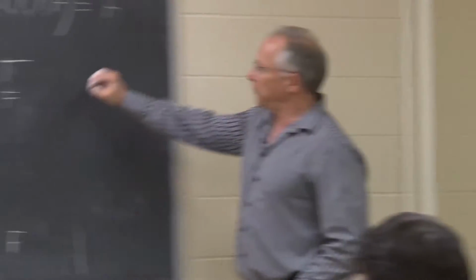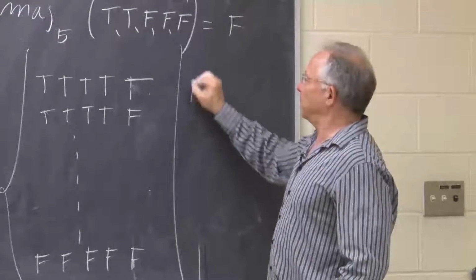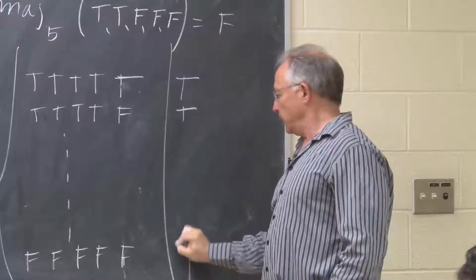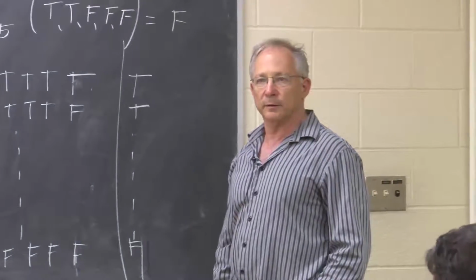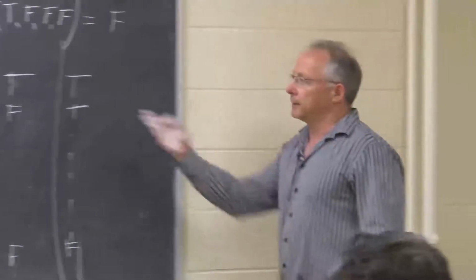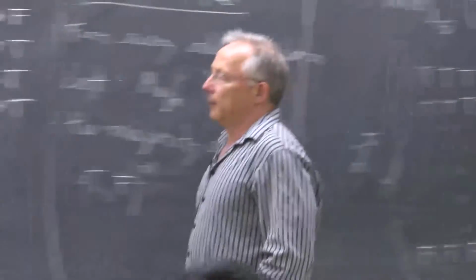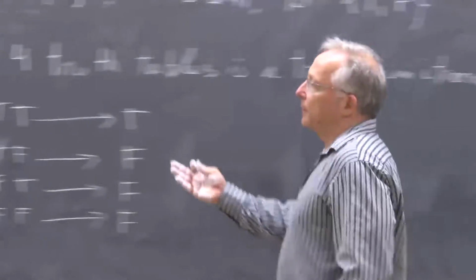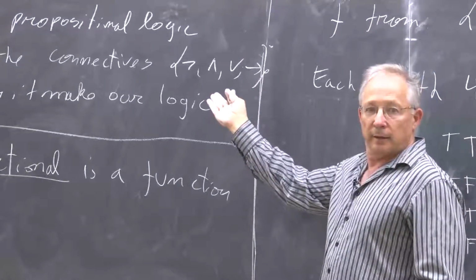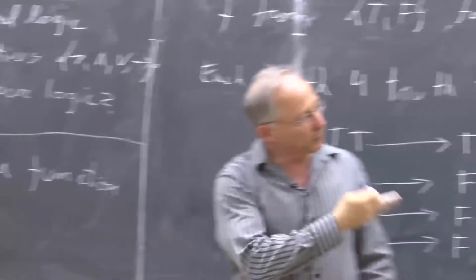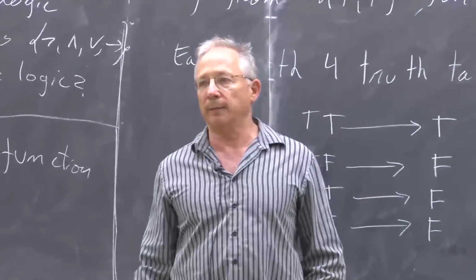For each of them, there will be a value, true, true, false. So it's a function that takes 5 tuples and outputs 1 value. So we can see that our connectives, from a semantic point of view, are just truth functionals. They're just a few of the many, many truth functionals that one can come up with.